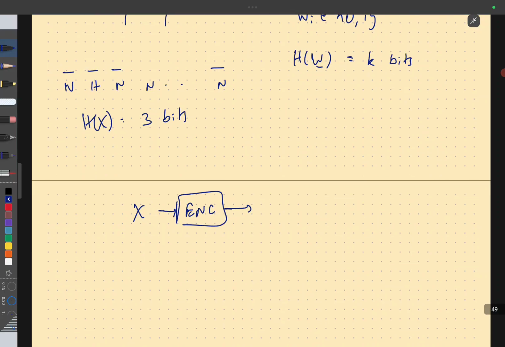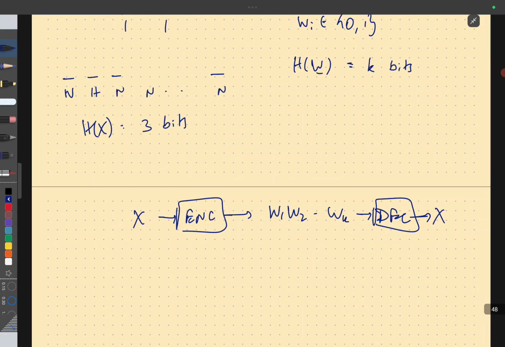That gives you W1, W2, and you make a sequence of measurements. And using these measurements, your goal is to say what X is, and you want it exactly. So this can be posed as a compression problem, because you want the fewest number of measurements, which amounts to designing a source code with the smallest length.